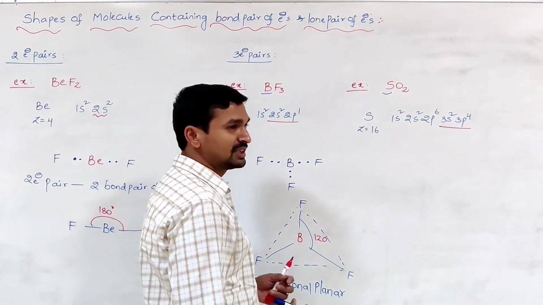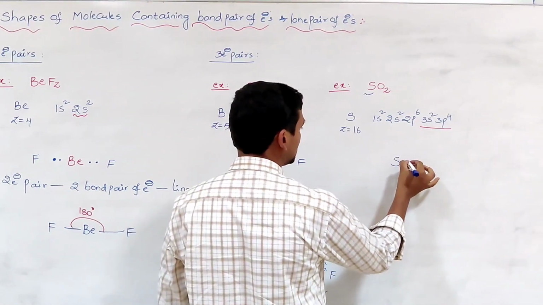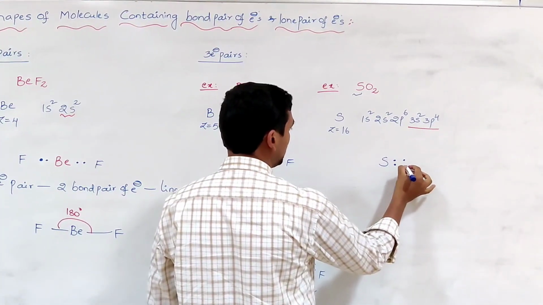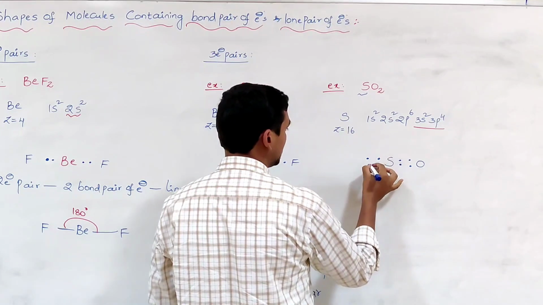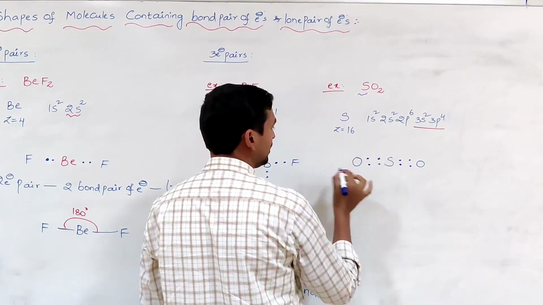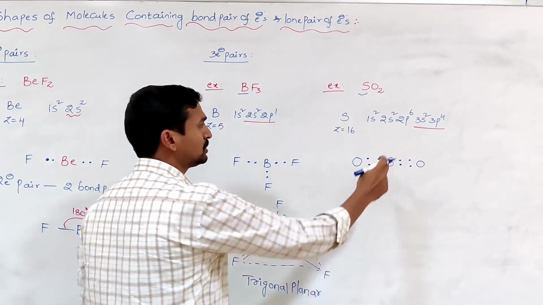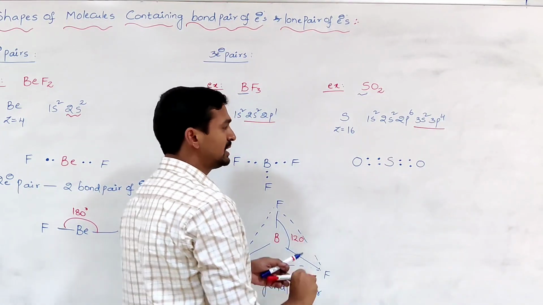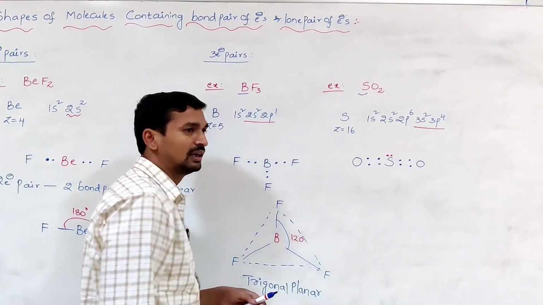Out of the 6 valency electrons, 4 participate in the bond formation with 2 oxygen atoms: 1, 2, 3, 4. The remaining 2 electrons are present as a lone pair of electrons on the sulfur atom.